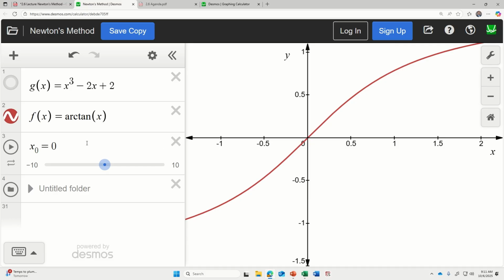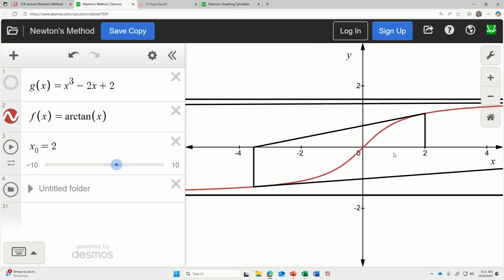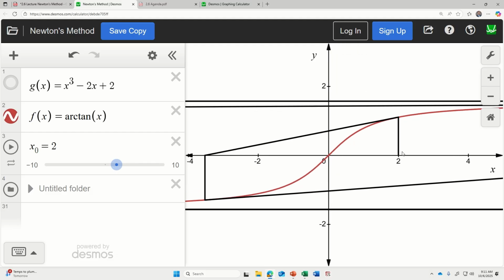This is my arctangent function. And so this is the picture of what's happening if I start at x is equal to 2. I go up, find my function, find its slope, take the tangent line approximation, it shoots me over here to get the 0, and then I use that to find a new tangent line approximation.